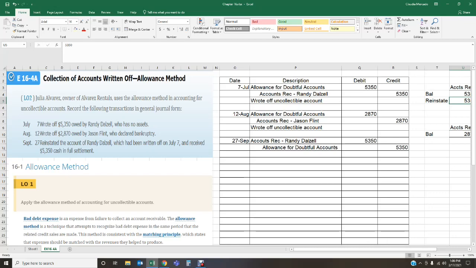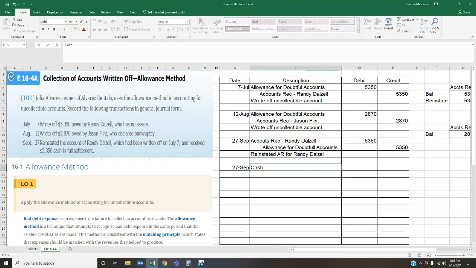Now we received cash, probably a check or something. So now we received payment. This entry here is to reinstate accounts receivable for Randy Dalzell. Then on that same day, on September the 27th, I'm going to record the actual payment being received.